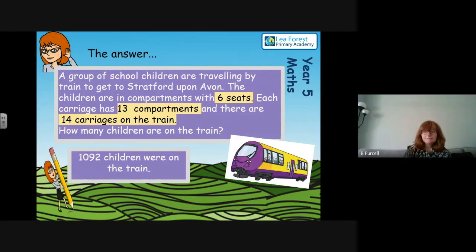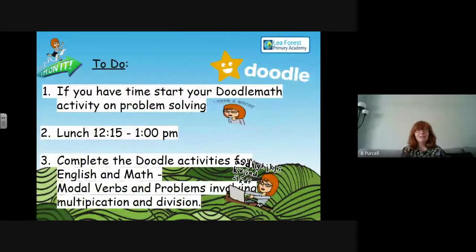So, to do now, when I practiced this lesson, and I practiced it lots of times, I thought, oh, we won't have time to do your Doodle Math activity on problem solving. So I took number 1 out, and I just put lunch first, and then I put complete Doodle activities for English and math, modal verbs and problems involving multiplication and division, second.